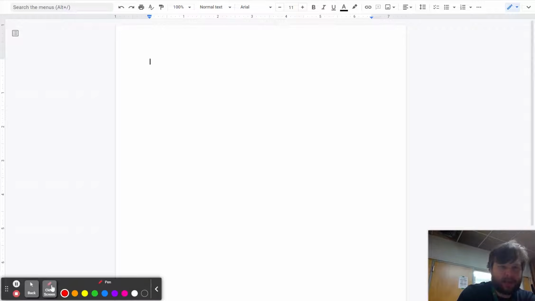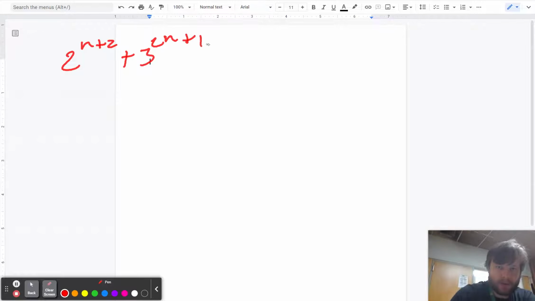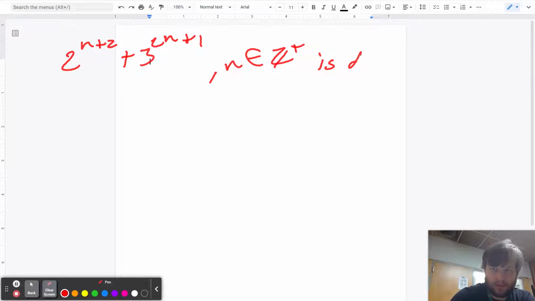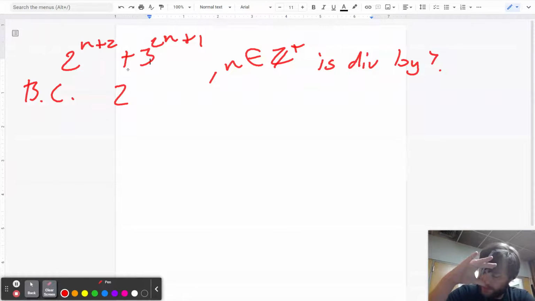So I'm looking at 2 to the n plus 2 plus 3 to the 2n plus 1. N is a positive integer, and we are showing it's divisible by 7. Okay, so the base case, we plug in 1 because we're in the positive integers.